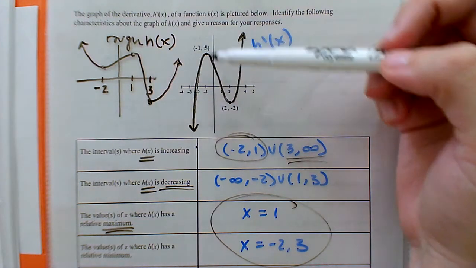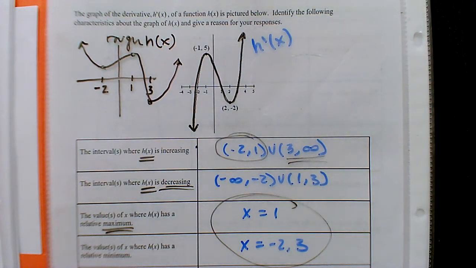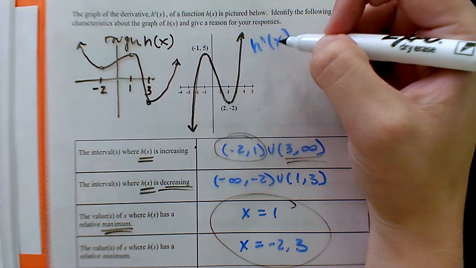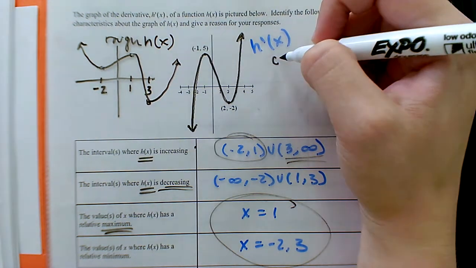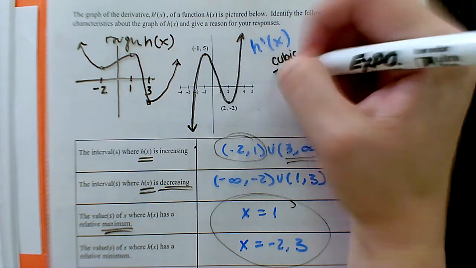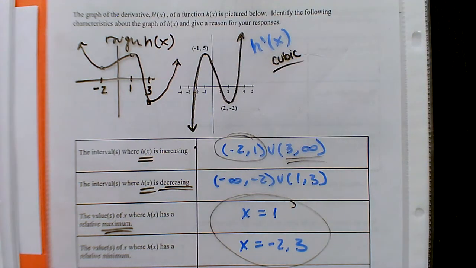That kind of curly S shape, what name of function looks like that? Might be a third, but it also might be a fifth. We're not really sure, but we're going to go ahead and say that it's cubic. Okay, that curly S shape is typically identifying a cubic graph.